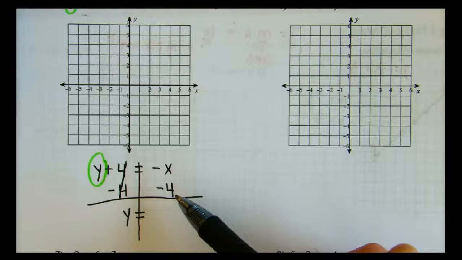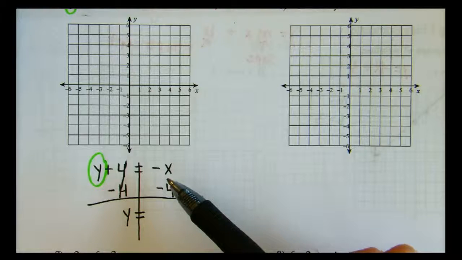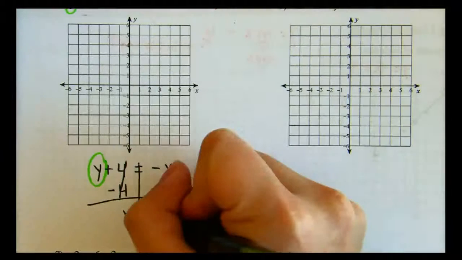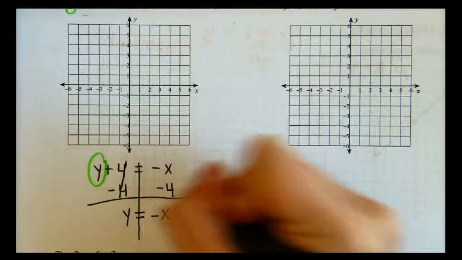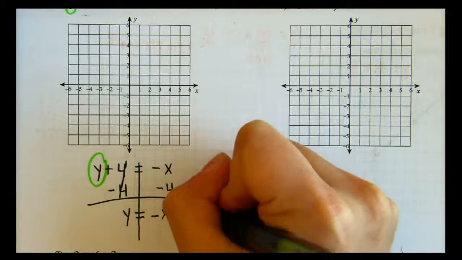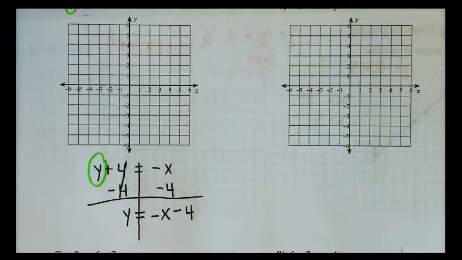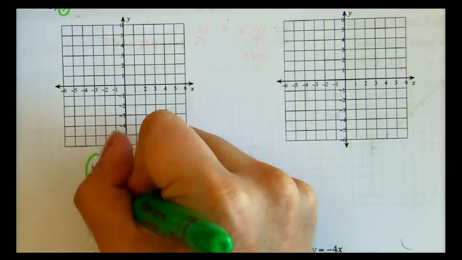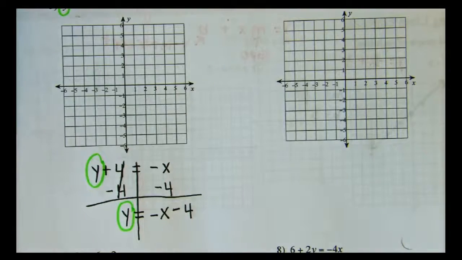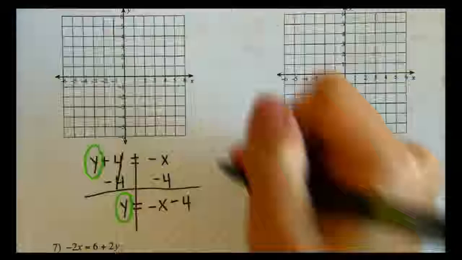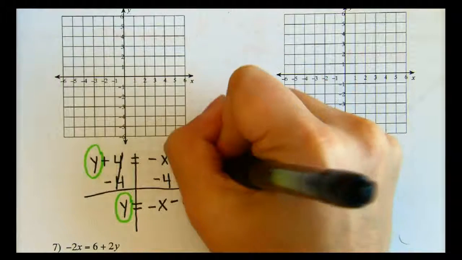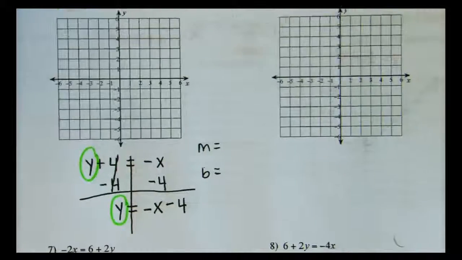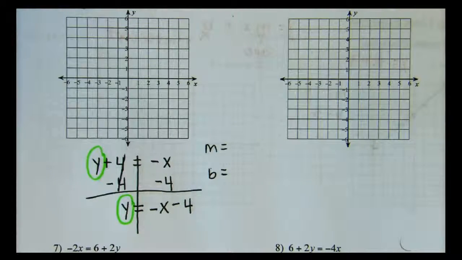So instead of combining them, I'm going to copy them down exactly like they are, with all of their same signs. So negative x, and then minus 4. And that will be the equation that I'm dealing with now that y is by itself. My equation is in slope-intercept form. So take a moment, what's the slope? What's the y-intercept to this line? And go ahead and graph it.